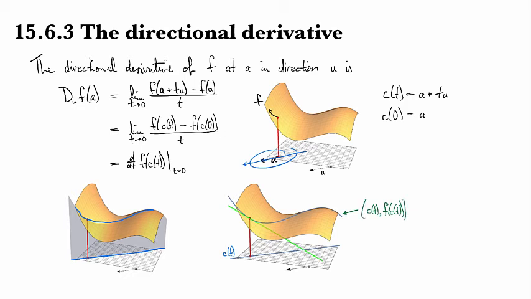And so if we are at the location a, then this height up here, this is f of a, and as t increases from 0 at this point, we're looking at moving in this direction, and so that means that we're coming up this curve like so, and the directional derivative of f at this point is giving us exactly the slope of this green line.